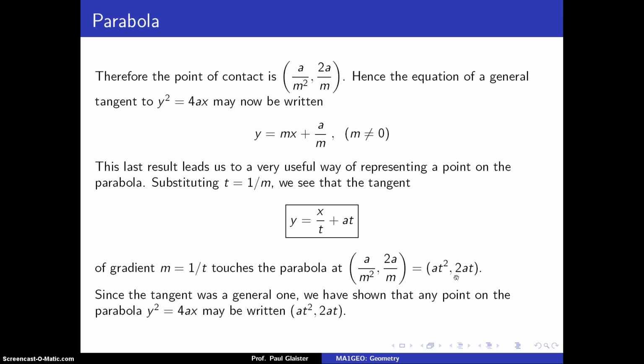So in summary, at squared, 2at represents a general pair of coordinates for a point on the parabola, and t represents 1 over the gradient of the tangent at that point. And if we wanted it, this is the equation of the tangent.